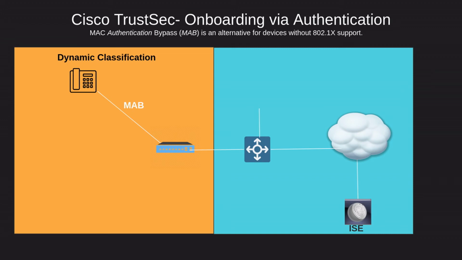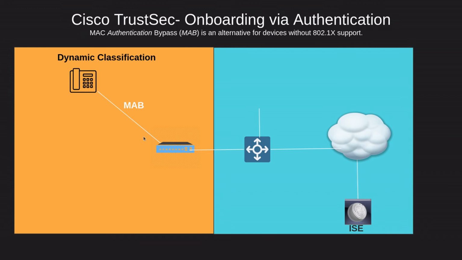So we can do MAC authentication bypass, or MAB, and whenever they authenticate via MAB, we can dynamically assign SGT1.